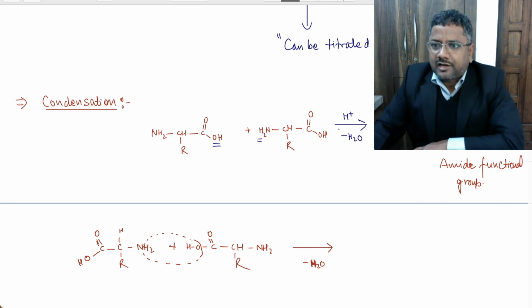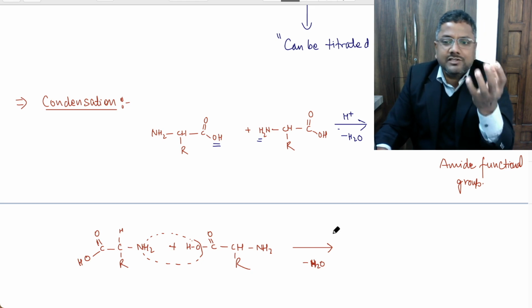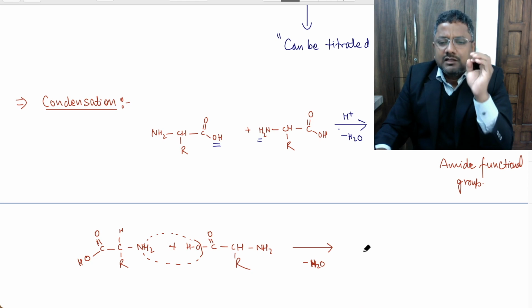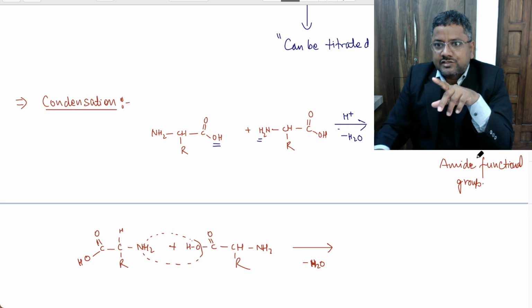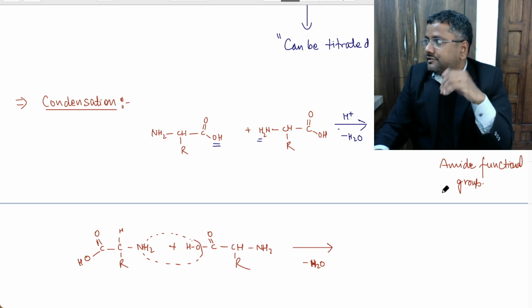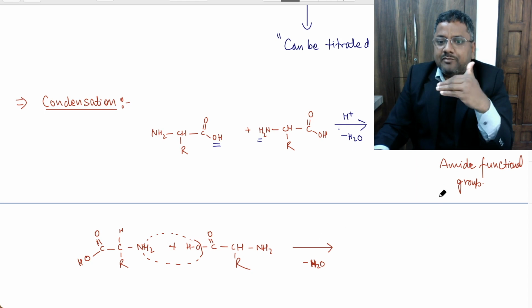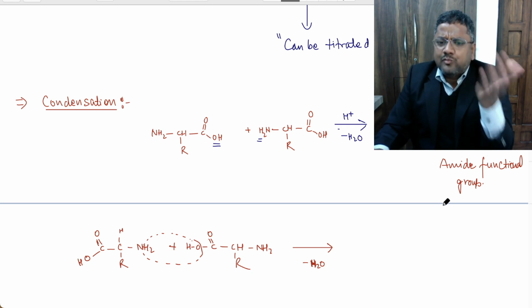But remember one point, that nature's creation is so selective, and the reactions occurring in nature are so selective, so perfect, that humans cannot do that. All natural amino acids, this is a dipeptide. Similarly, three units will combine to make a tripeptide, tetrapeptide, and polypeptide up to 100 amino acids, and even protein.